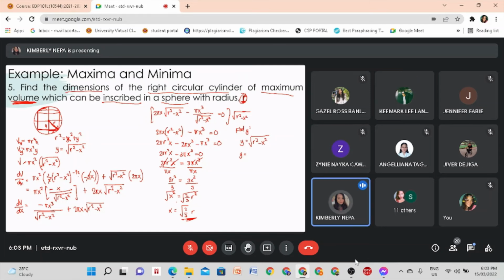There is no square root anymore, on both sides. So we have r squared minus 2/3 r squared, right? How much is that?